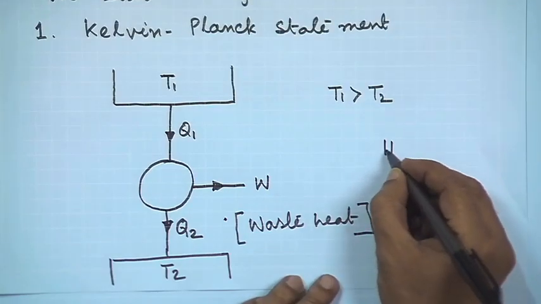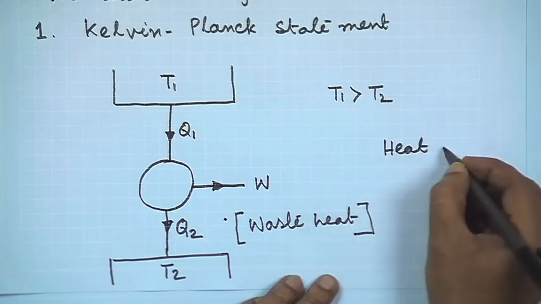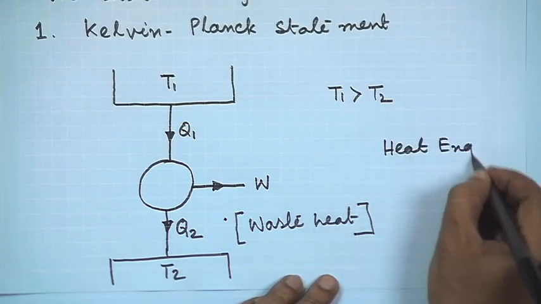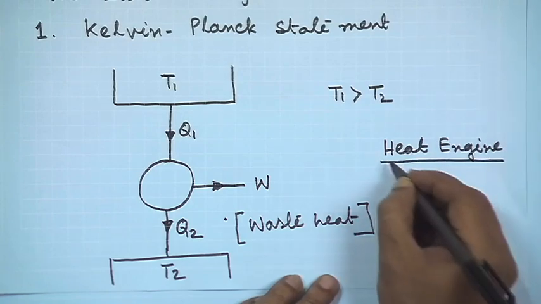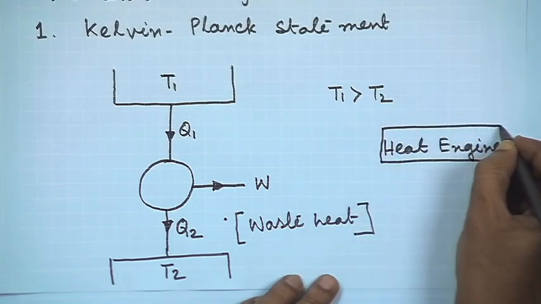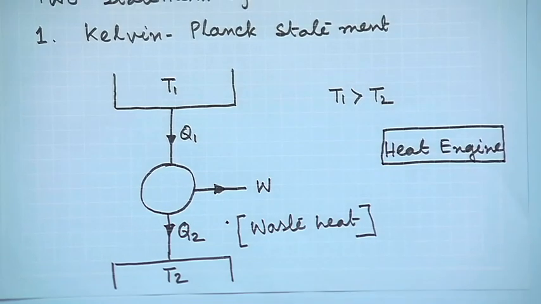So, this device is called a heat engine. Here we get the concept of a very useful engineering device which is known as heat engine. And the cycle in which it operates is called a heat engine cycle or a power cycle, because it is generating work or power.